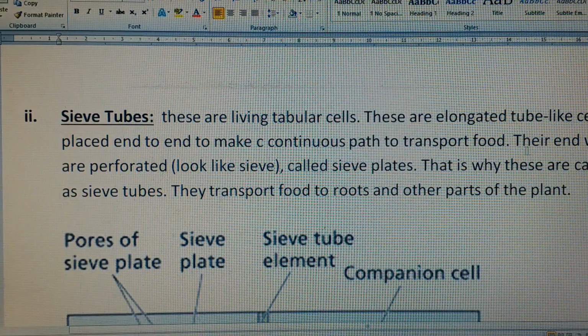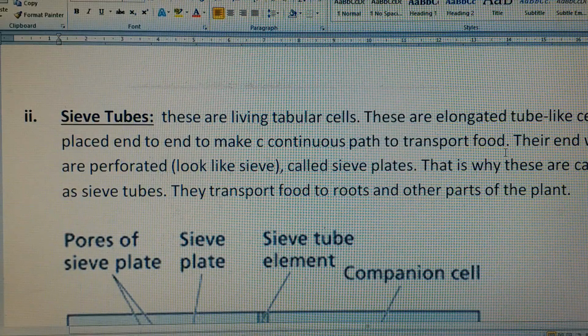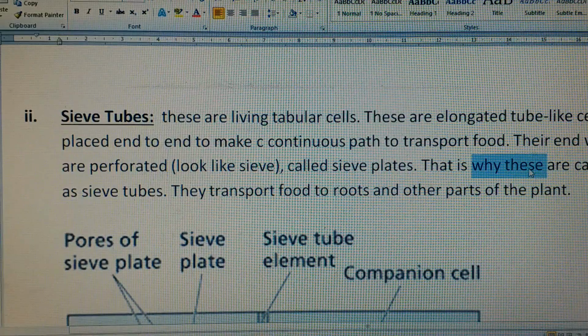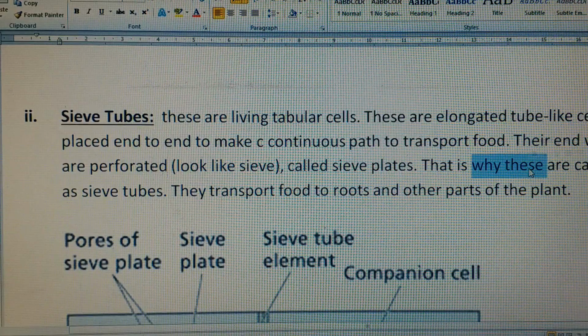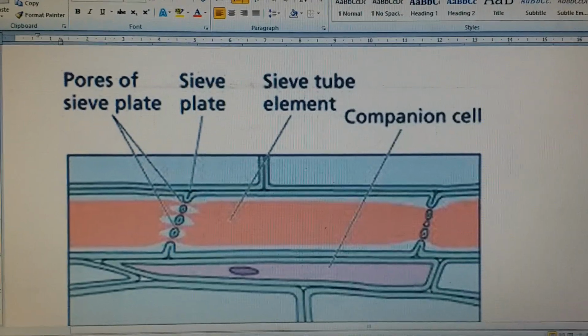Their end walls are perforated like a sieve, which is why they are called sieve plates, and these are known as sieve tubes. They transport food to the root and other parts of the plant.